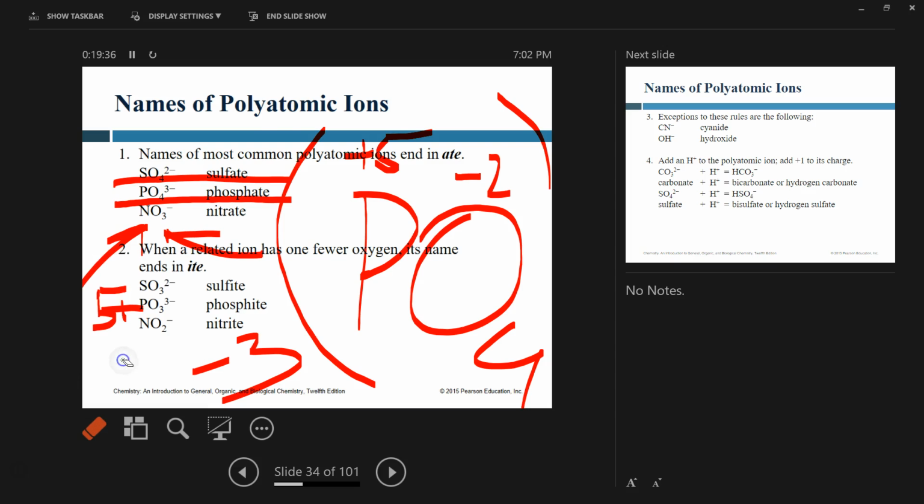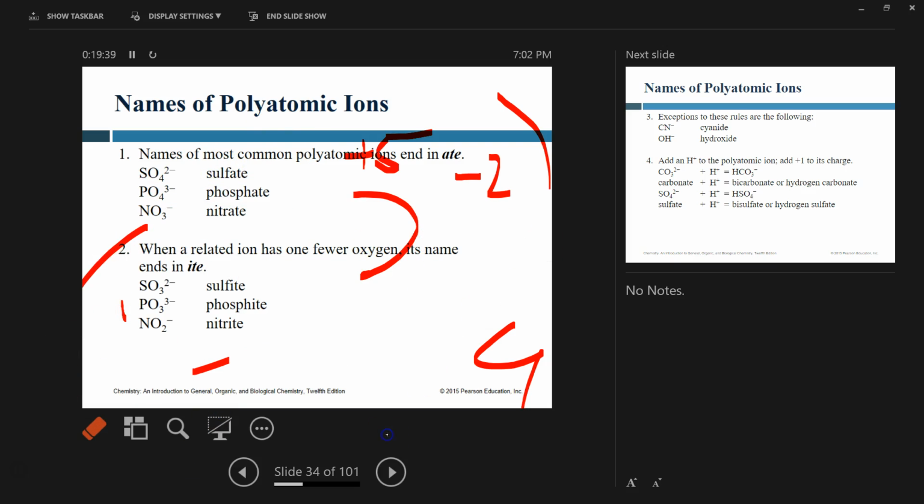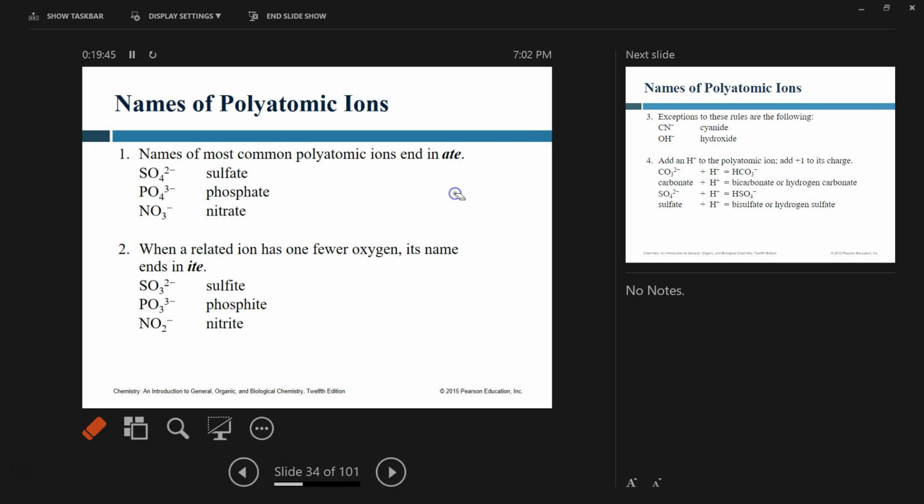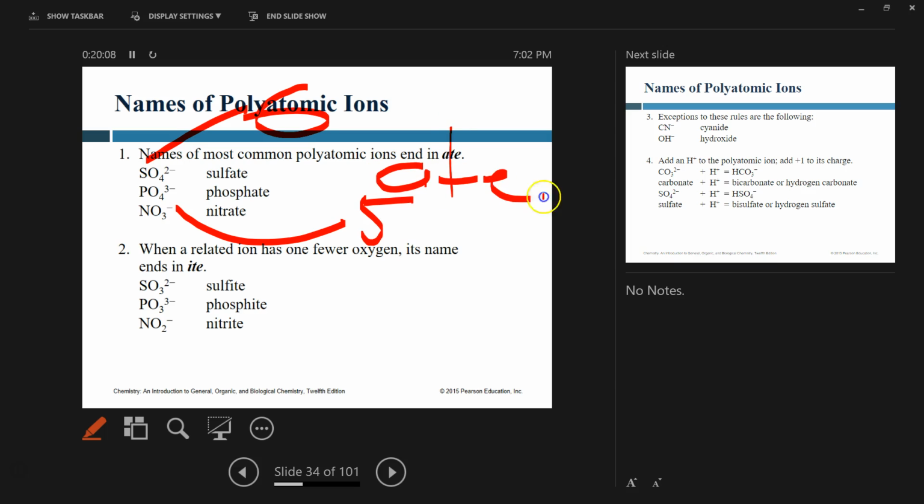So, here's the rule. If the polyatomic anion is formed by an element like sulfur or phosphorus or nitrogen with its highest oxidation number, like 6 for sulfur or 5 for phosphorus and nitrogen, the name of the anion will end with ATE.